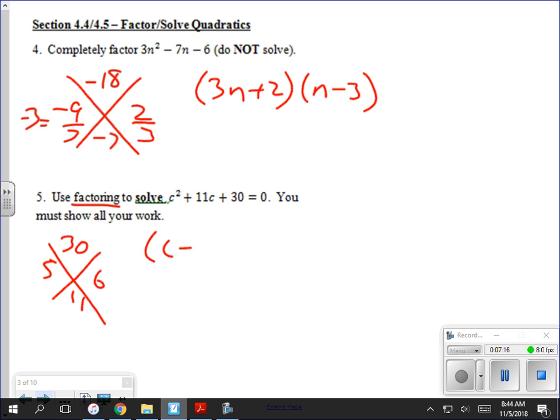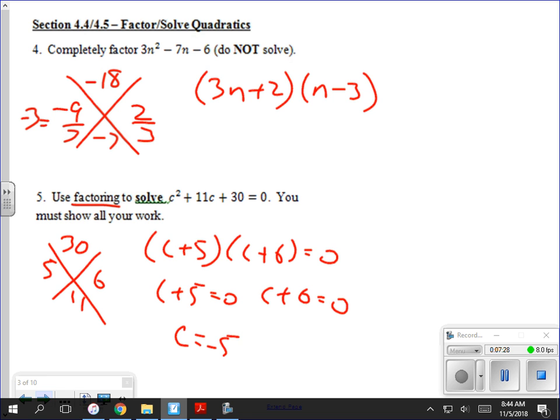That means I have c plus 5 times c plus 6 equals 0, c plus 5 equals 0, c plus 6 equals 0, c equals negative 5, c equals negative 6. And if I don't see factoring, you get zeros.